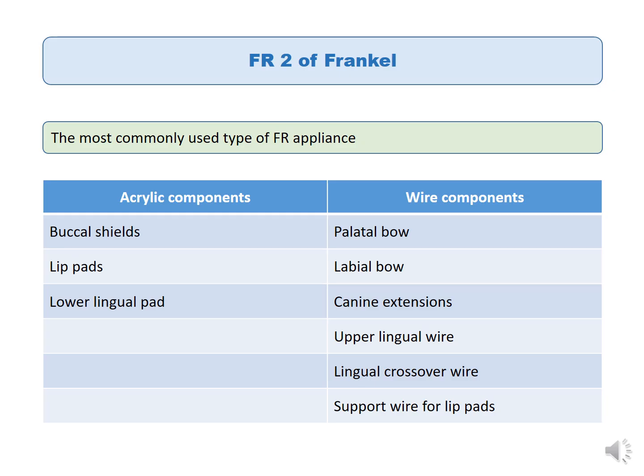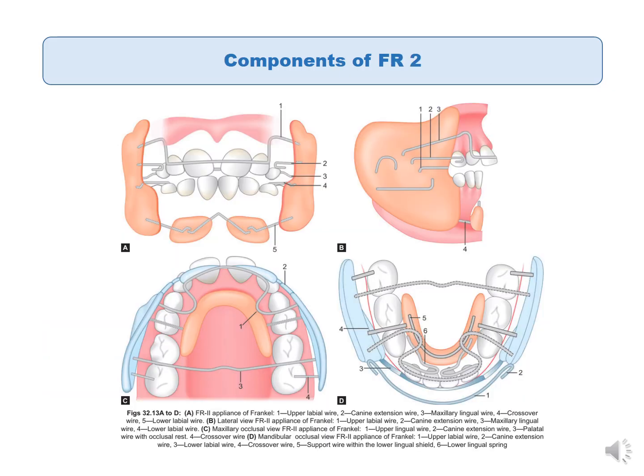One is the acrylic components, which consist of buccal shields, lip pads, and lower lingual pad, whereas the wire components consist of a palatal bow, a labial bow, canine extensions, upper lingual wire, lingual cross wire, over wire, and support wire for the lip pads. Okay, so here we can see some of the components of the FR2.